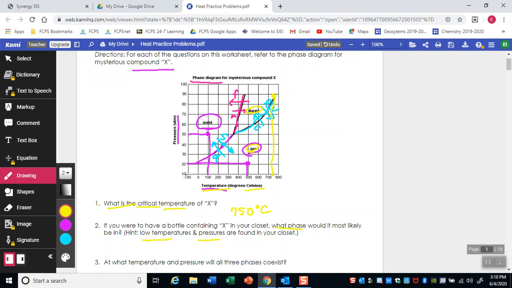And because this is 10 atmospheres here, you're even further down here. So that would be a gas, because if you have very low pressure, then that is going to be a gas.